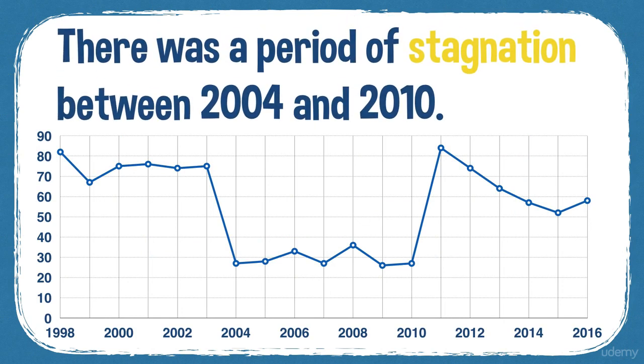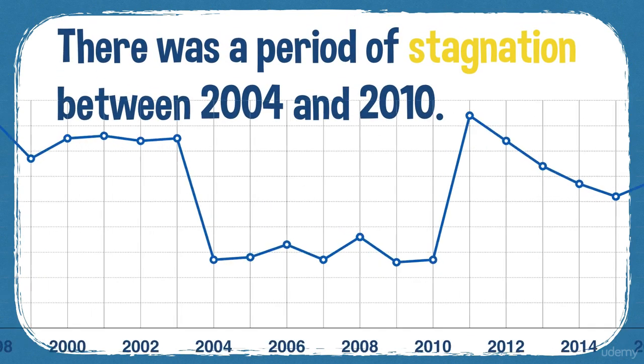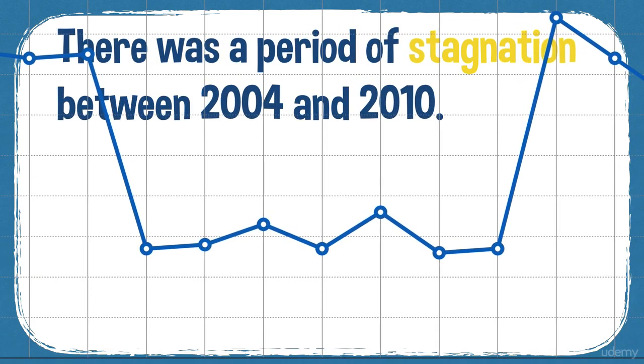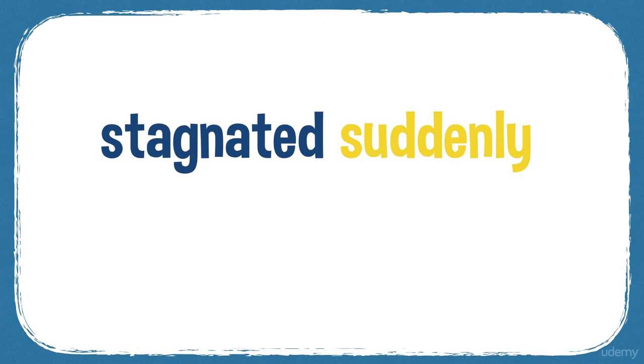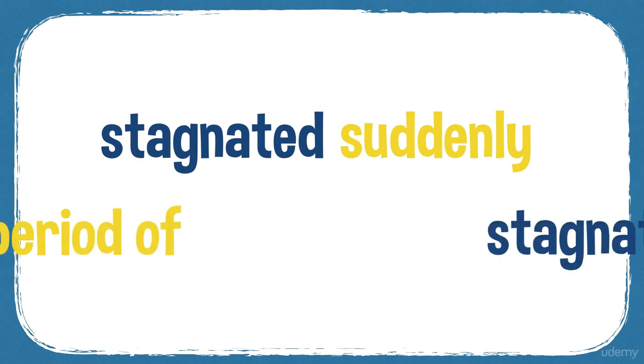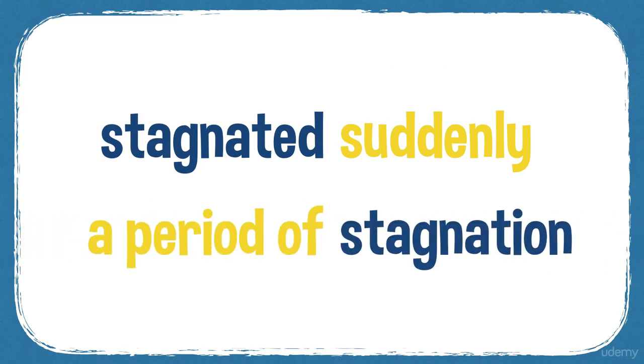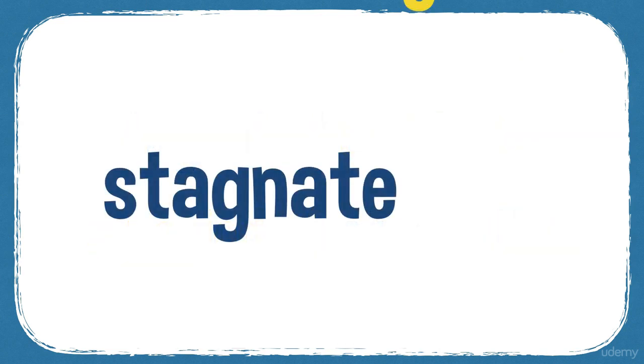Or you could say there was a period of stagnation between 2004 and 2010. You might want to say suddenly stagnated, or a period of stagnation. It's a verb, stagnate, so here are the verb forms. And there's the noun stagnation.